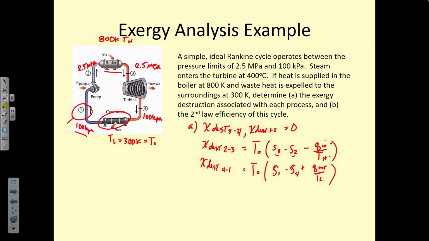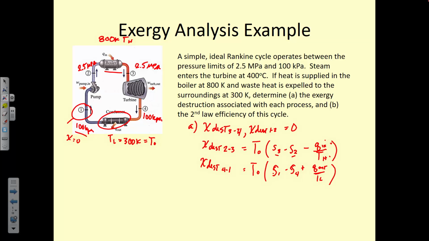Okay, so state 1, how do we find properties at state 1? We know it's at 100 kilopascals. What else do we know? Saturated liquid. Okay, it's a saturated liquid, so X is equal to 0.